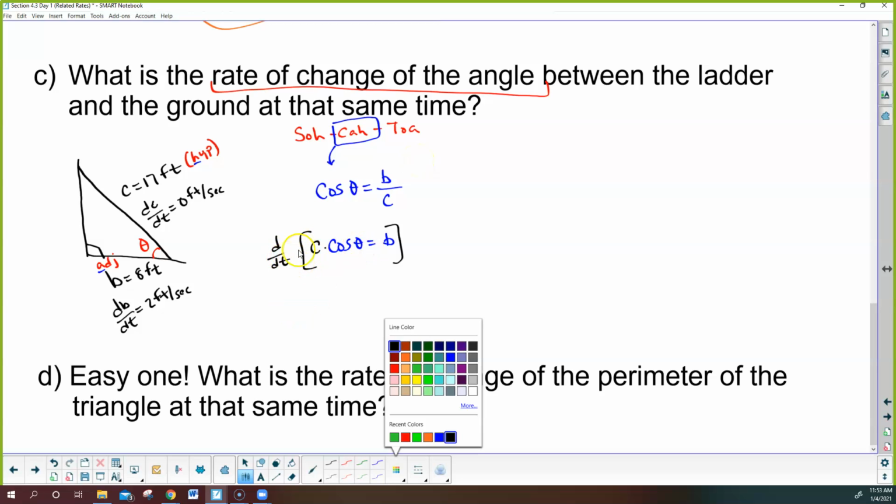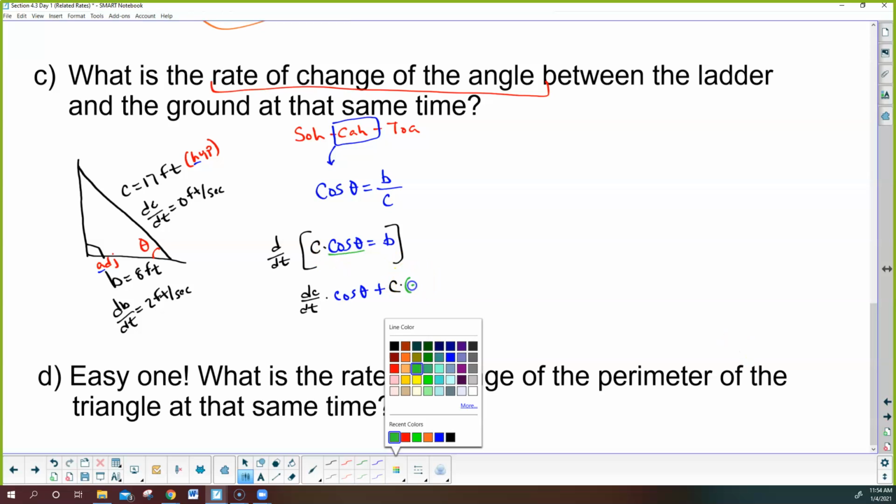All right, so let's take a look here. I want the derivative of both sides. Well, I'm going to take the derivative of this part. Now, this is a product rule. So the derivative of this c is dc dt. And then we're going to keep the original cosine of theta, plus the original first times the derivative of cosine.